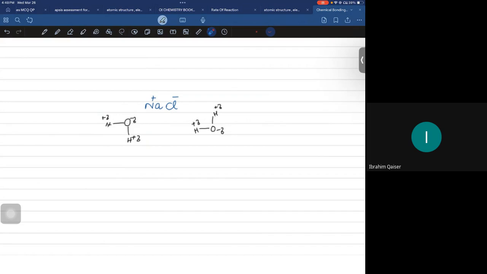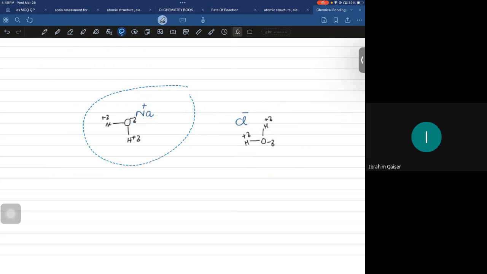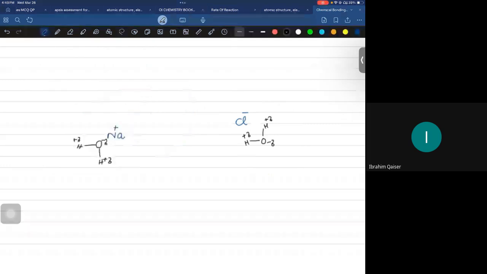The water molecules are going to approach the sodium chloride. So what would happen? This chlorine would be attracted by this water molecule, and this would be attracted by this water molecule. So these water molecules have separated the two ions. You know why? Due to the stronger partial charges.